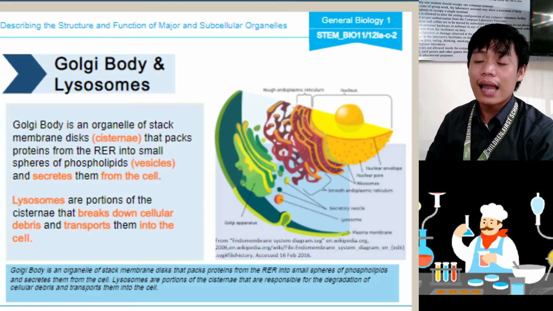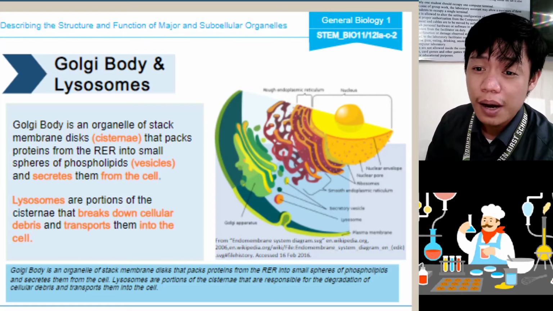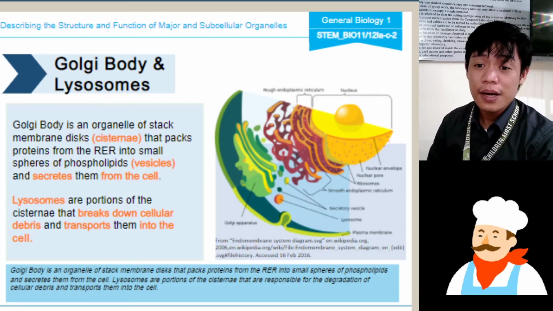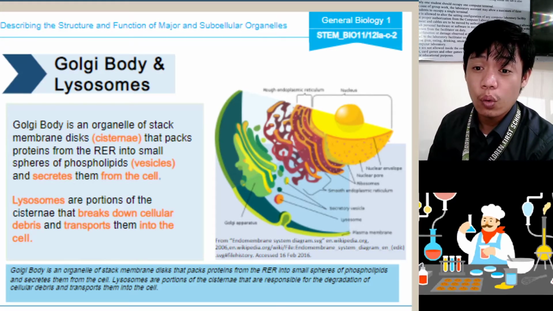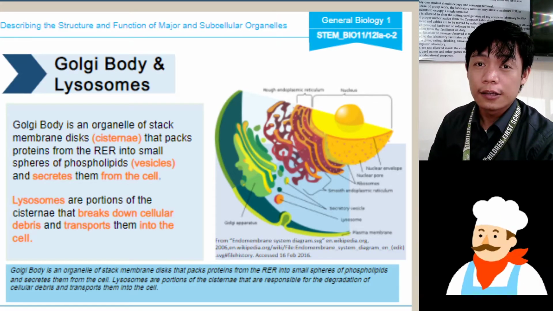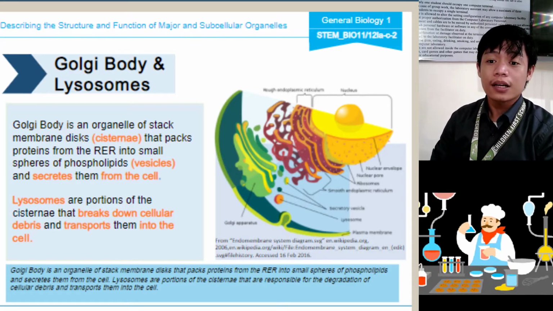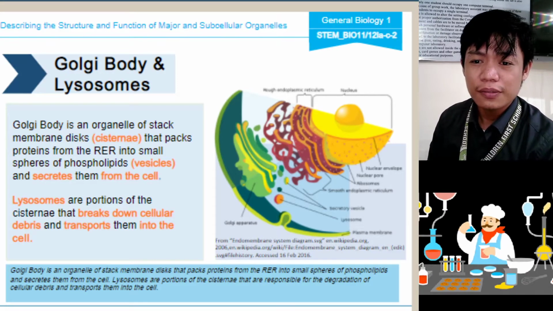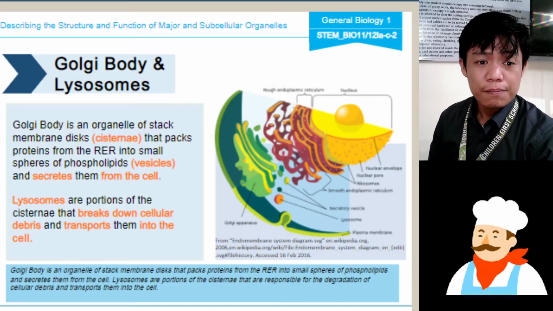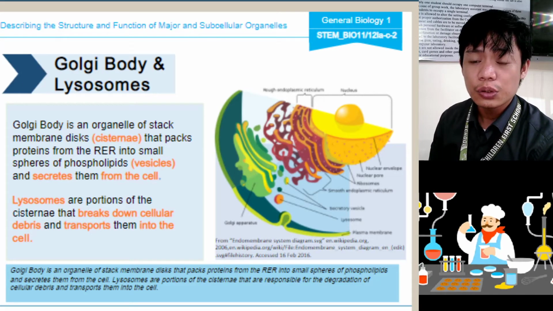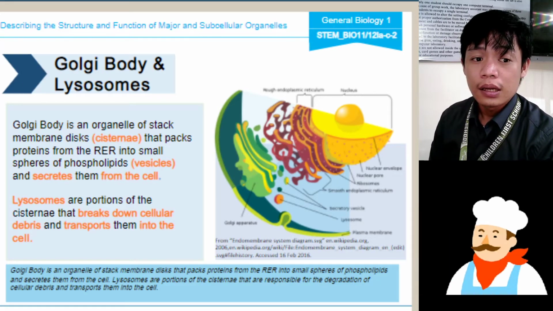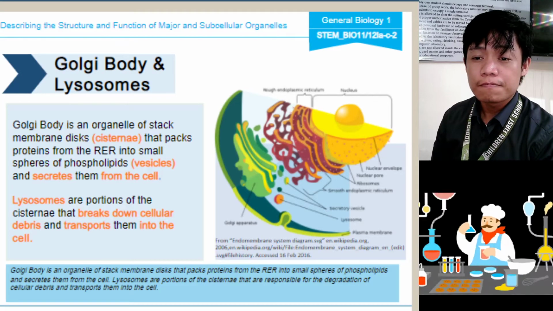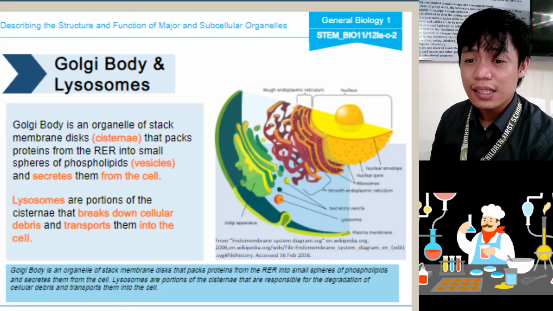So take note, class, that the Golgi body is the manufacturing site, or the manufacturing factory of the cell, because they have vesicles.